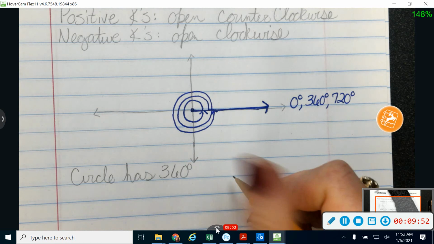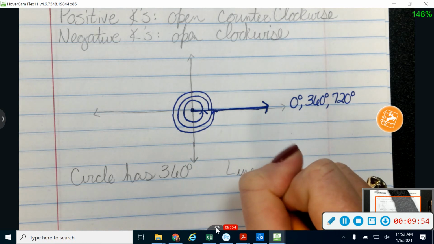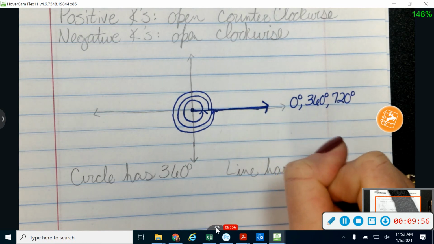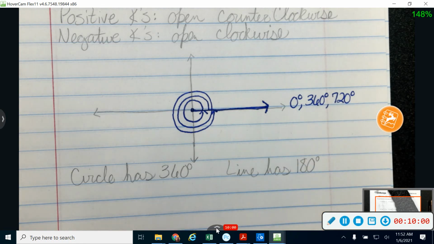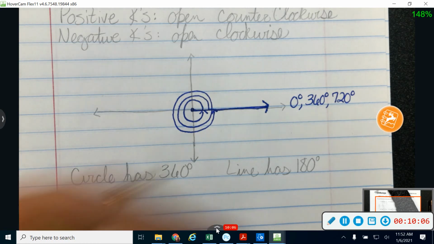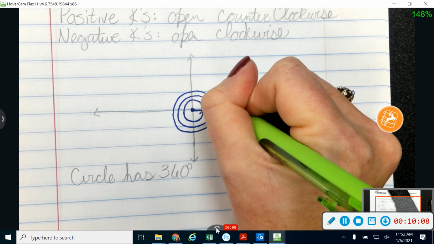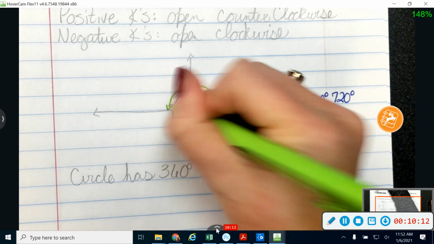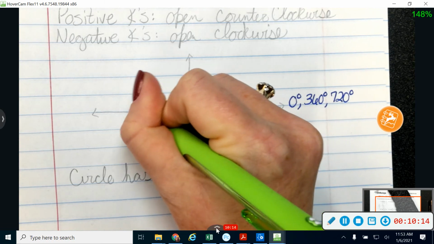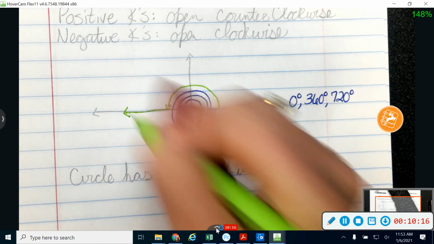Now I remember from geometry that a line has 180 degrees. I'm going to change colors. What if I go from my initial side around to here, and I stop and put my terminal side right there?